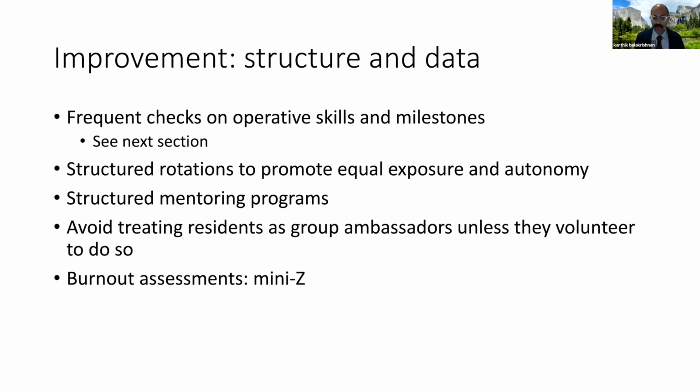And it's really important that we avoid treating residents as group ambassadors for their race group, for their gender, for their sexual orientation, or anything else, unless they volunteer to do so. Furthermore, there's pretty clear data that burnout in both faculty and residents increases the effects of bias. So periodic burnout assessments using short, easy instruments like the Mini-Z may be very helpful.